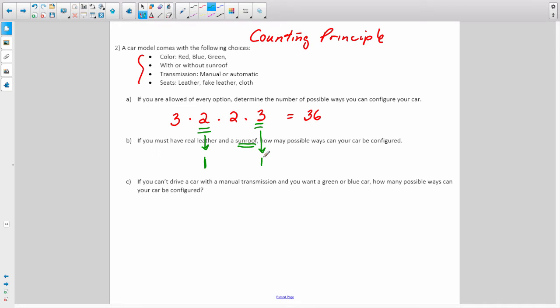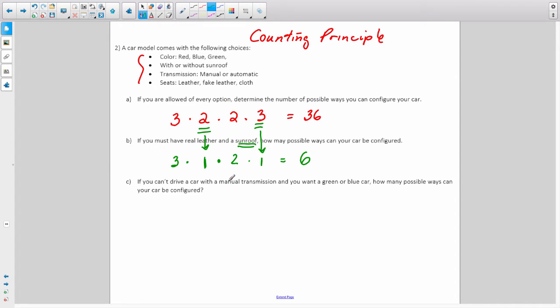And now we go back with all of the other options and we say, okay, color, we're okay with that. No restrictions. Sunroof, there's only one choice we have. Transmission, we still have 2 choices. And the seats, we have no choice. We have to pick real leather. And you multiply. 3 times 1 is 3, times 2 is 6, times 1 is 6. So you can see how by limiting your options, you limit the number of configurations you could possibly have.